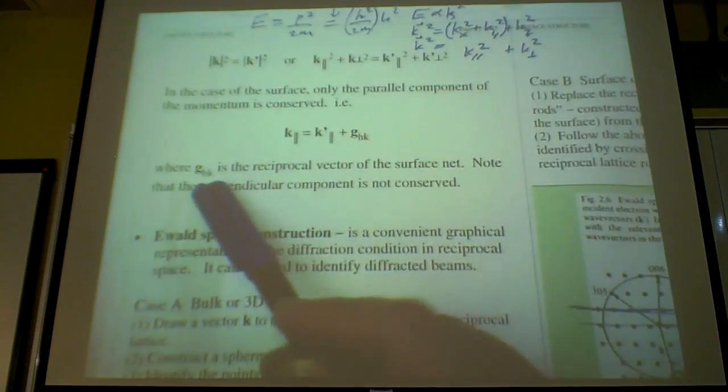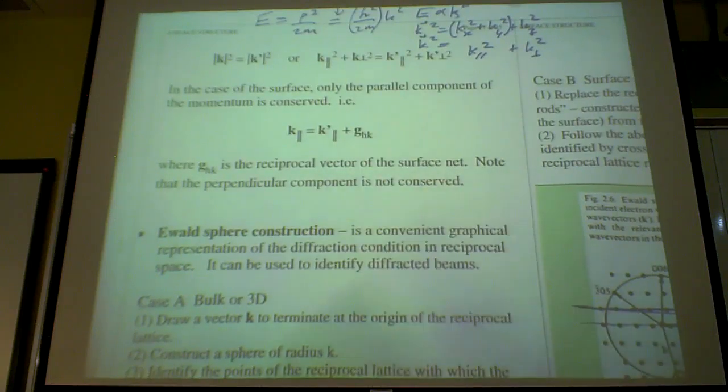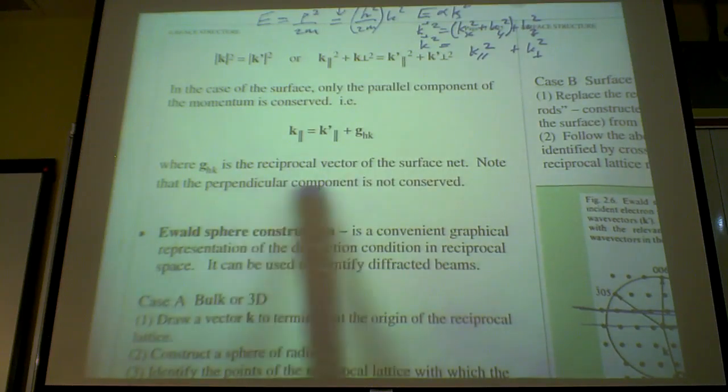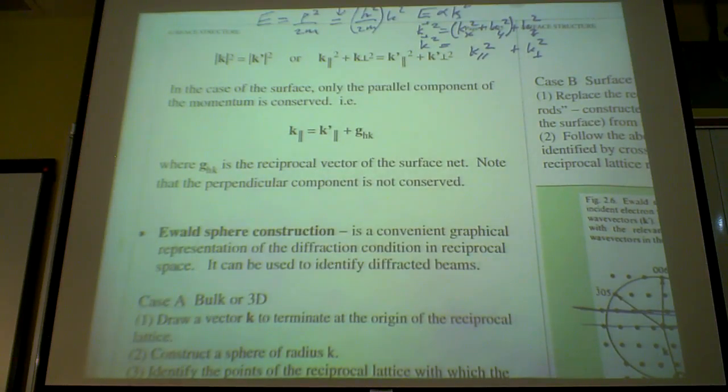So I say G_hk is the residual vector of this surface net. So this is how you would get conservation of this, really just due to translational symmetry of the surface. And the perpendicular component is not conserved. Part of the energy just goes into the surface, if you like, in the perpendicular direction.